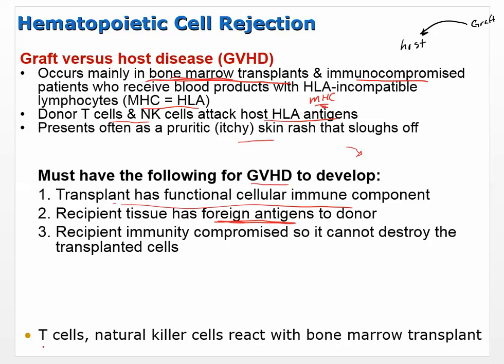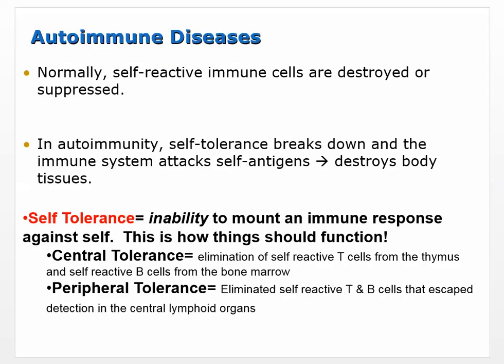Okay, so again, T cells and natural killer cells react with the bone marrow transplant recipient. All right, so some specific, I guess general autoimmune disease. Normally, self-reactive immune cells are destroyed or suppressed.